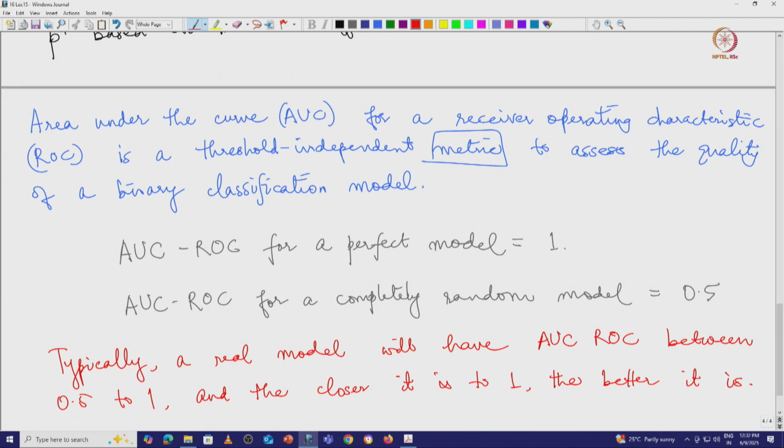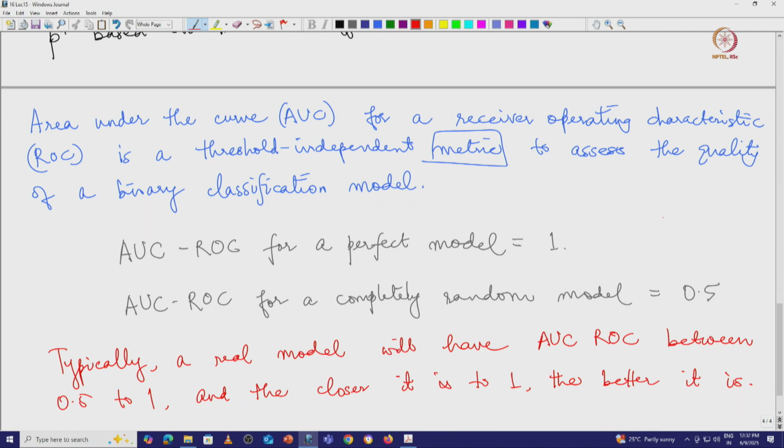So, this is how the receiver operating characteristic curve works, and this is how the area under the curve is a useful manner in which we can understand how these models perform.